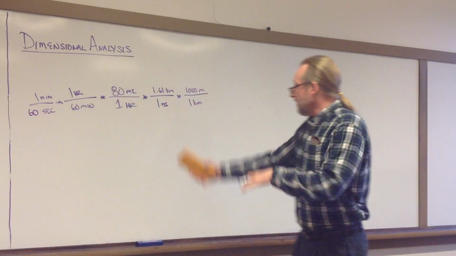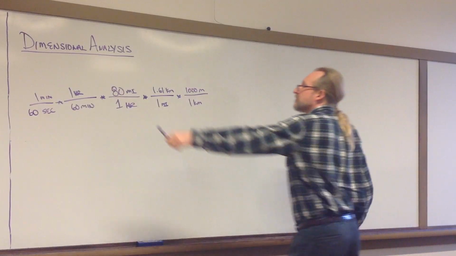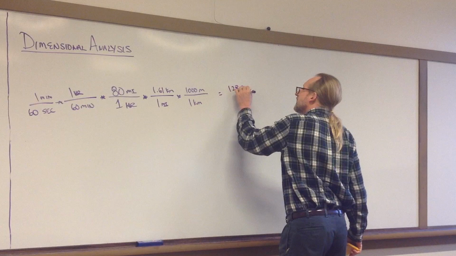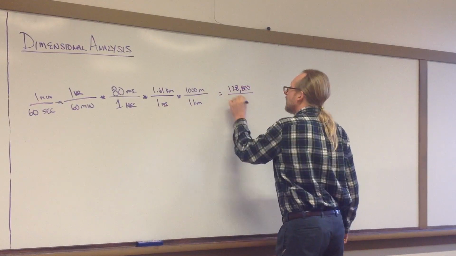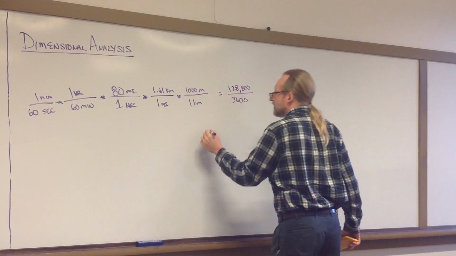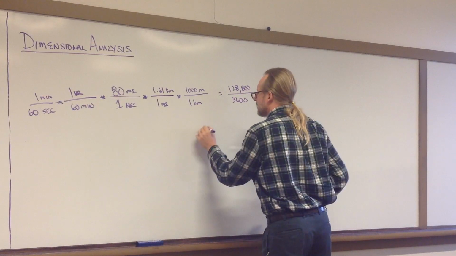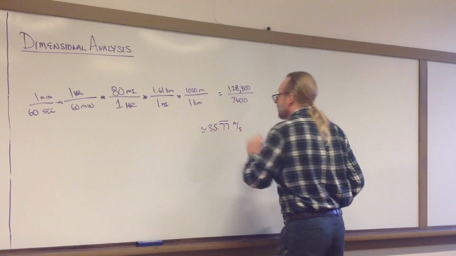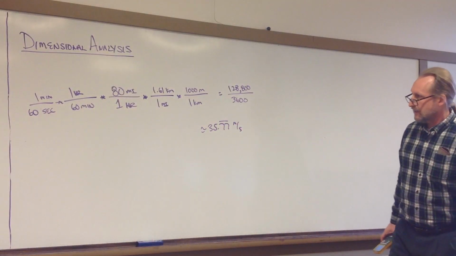Okay, so now we've got everything set up, and we just multiply across the top, and that'll give us 128,800. Multiply across the bottom, there's your 3,600, and what was our answer here? 35.77 meters per second. Okay?